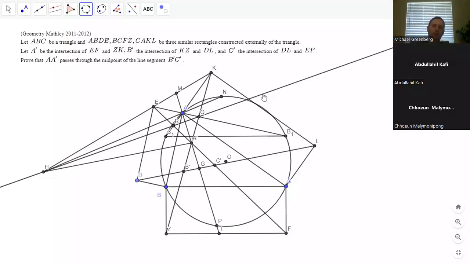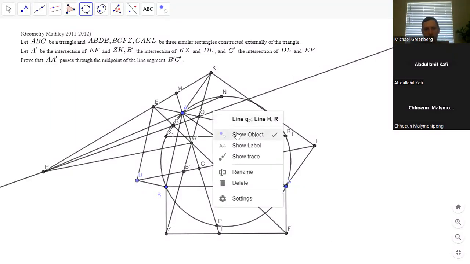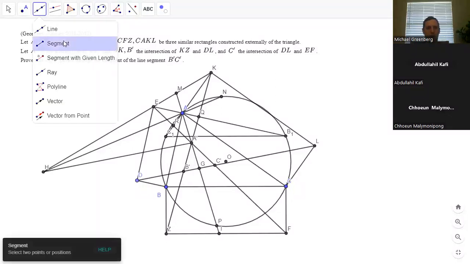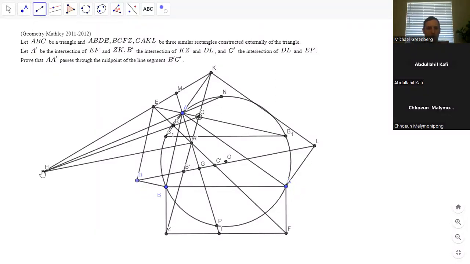But yeah, another way to phrase the problem is we could let RQ, because R and Q are kind of easy to define, meet KE at H, and then we could try to show that HA prime is parallel to DL.